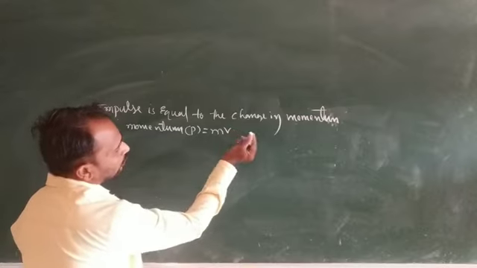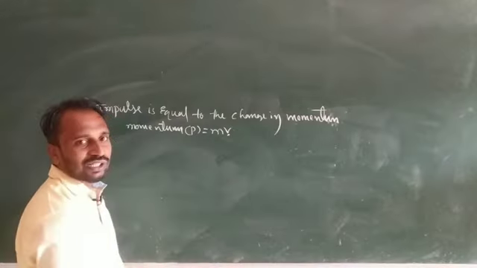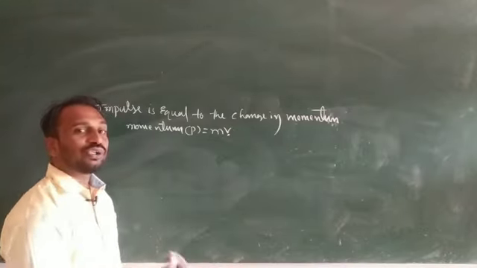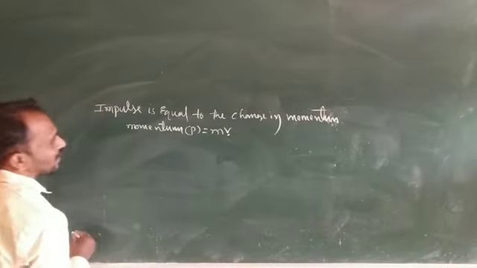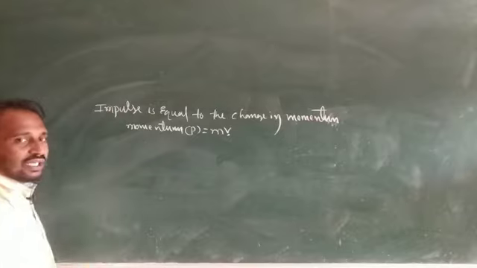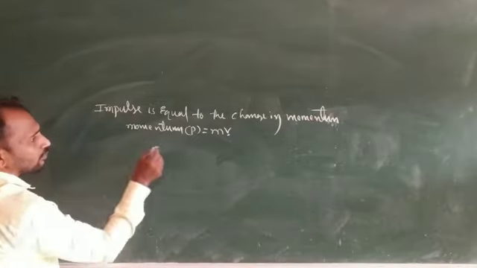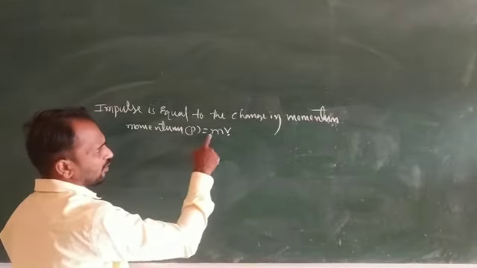Suppose V is the final velocity and U is the initial velocity. So the general equation is momentum equal to mv.